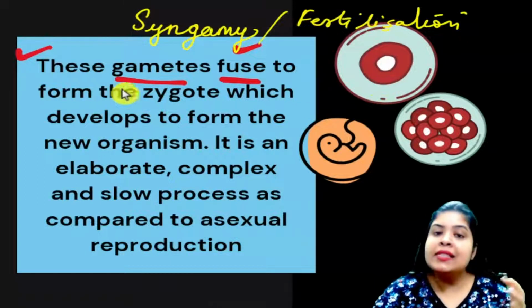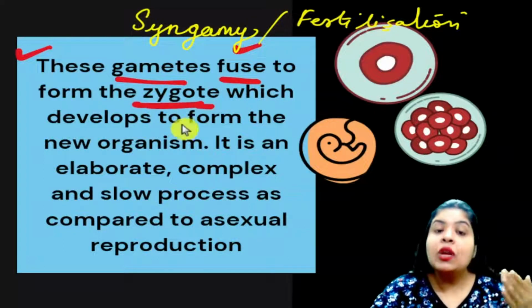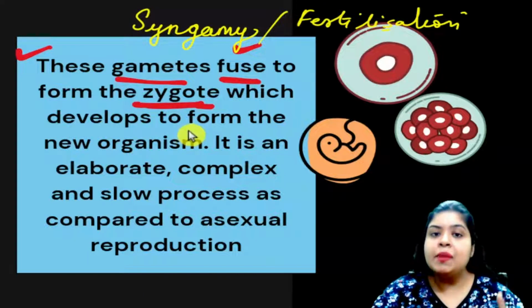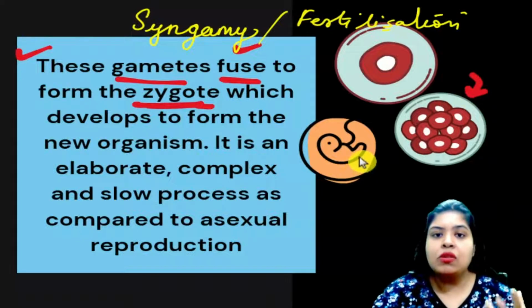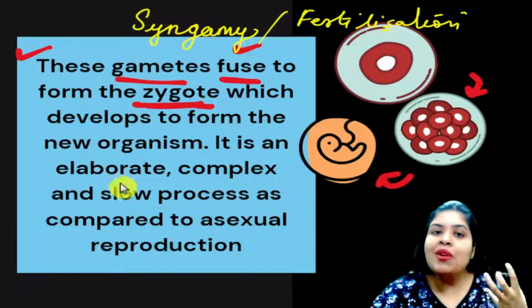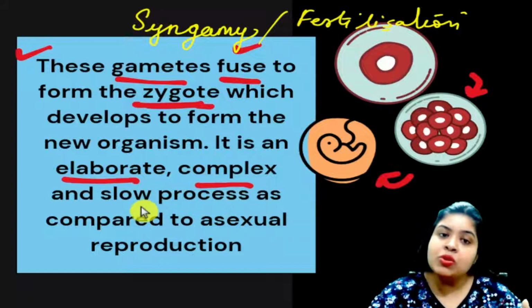And once the gametes are fused, what are they forming? They are forming the zygote. Now this zygote is going to further develop into the new individual. जब ये zygote further develop होता है, there is mitosis of cells, और finally ये जो नए individual में further develop होता है. Now this is not a simple process, it is an elaborate and complex process, and it also takes some time.